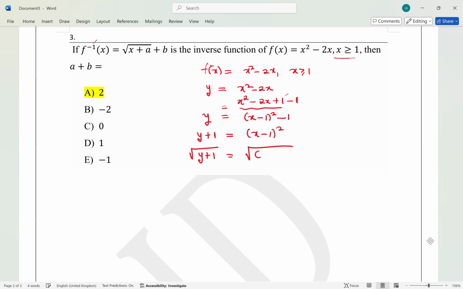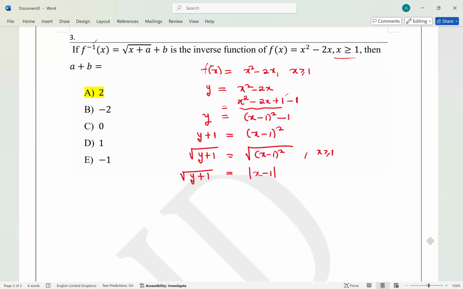So you will have root of x minus 1 all squared. Now, this is the square root, the even index, the even roots. So this becomes the absolute value of x minus 1, and this is root of y plus 1. Now we have a condition. Don't forget this condition. This is x greater than or equal to 1.